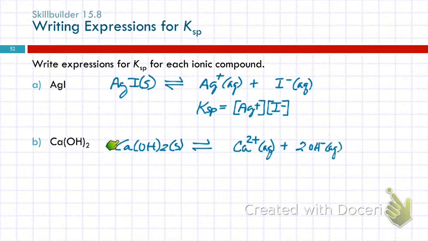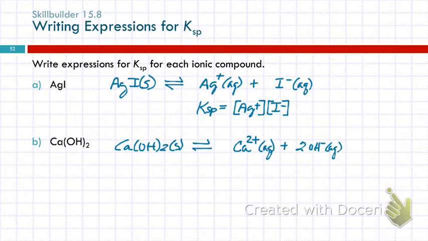So the two ions here are calcium and hydroxide. There are two hydroxides, and so I need to show two hydroxides over here. This is why you have to write out the chemical equation, because we can't forget about this 2.